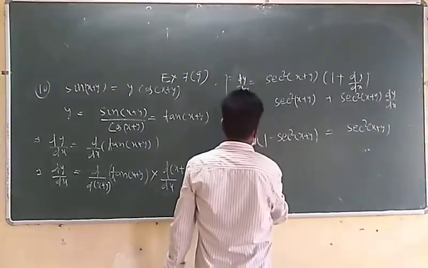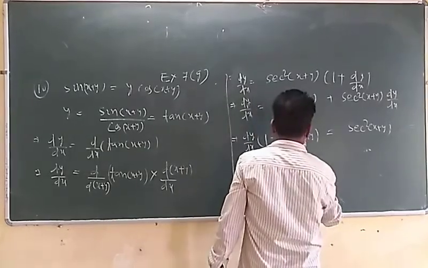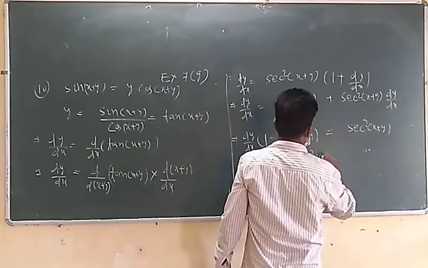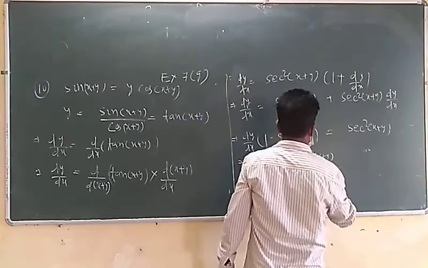So dy/dx = sec²(x + y) divided by 1 - sec²(x + y).